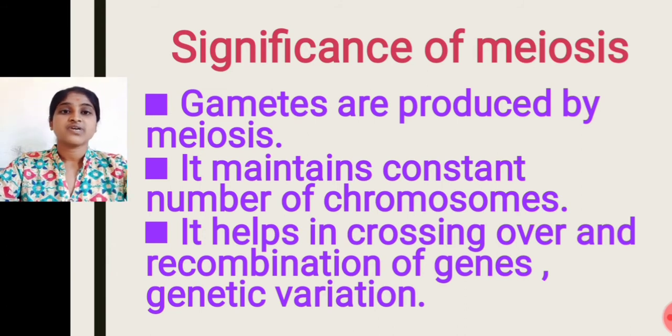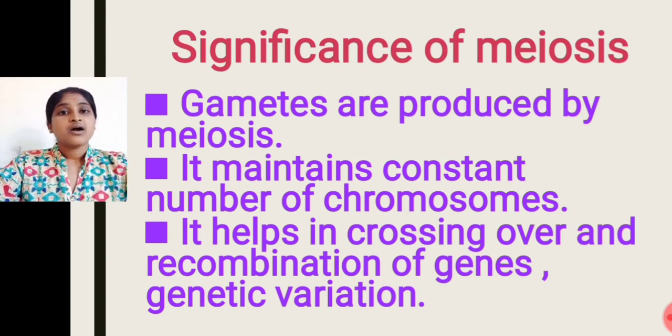Next, genetic variation. Genetic variation is also one of the significances of meiosis. For example, it is seen from one generation to another over evolution time. For example, snakes. Thousands of years ago, snakes had some legs.